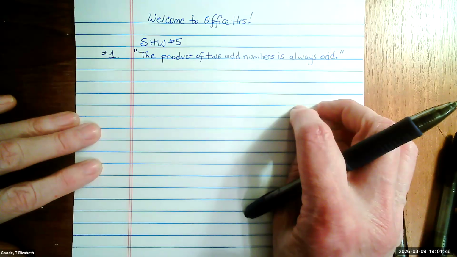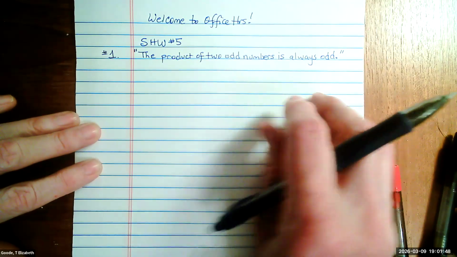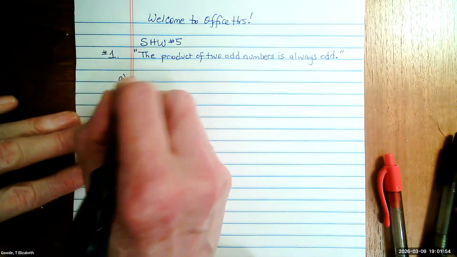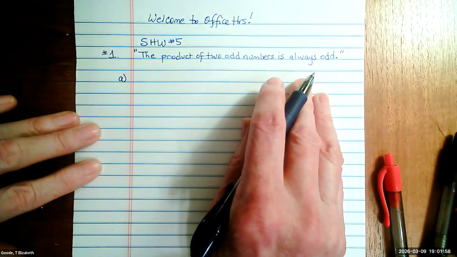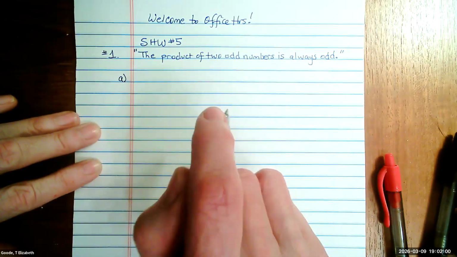What variables do you like to use for two odd numbers? R and S. Okay, so how do you think we could write this as an if-then conditional statement?